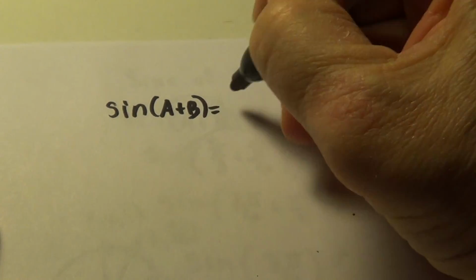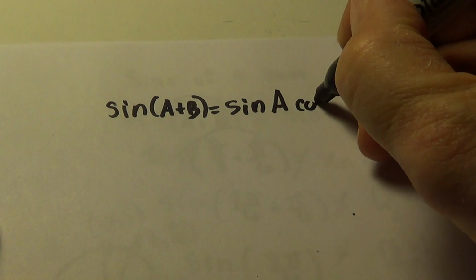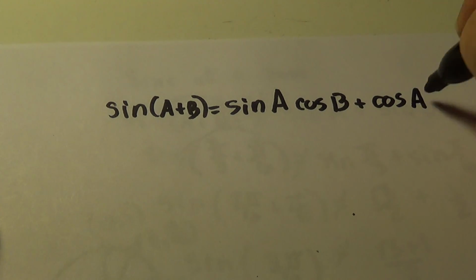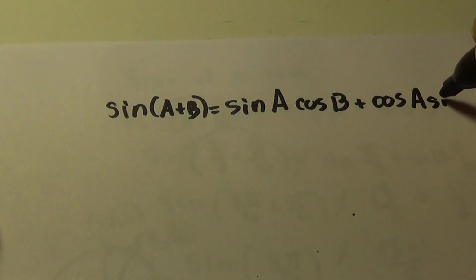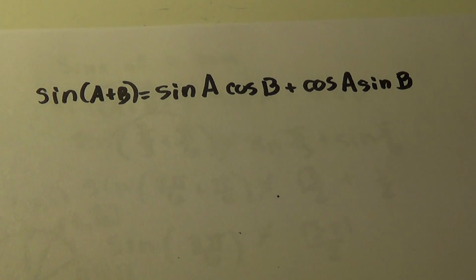Sine of A plus B, again, is sine A cosine B plus cosine A sine B. Alright, that's what we just established.